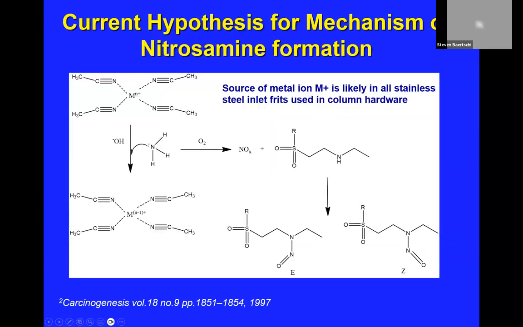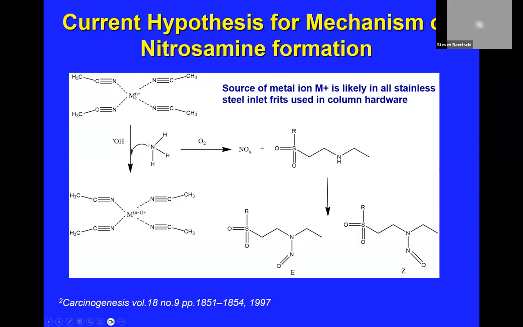And we determined that the mechanism of formation is likely that the metal ions from the frit were ablating off, depositing on the head of the column, and they were chelating with strong ligands like acetonitrile, which potentiate oxidation reactions of certain metals.